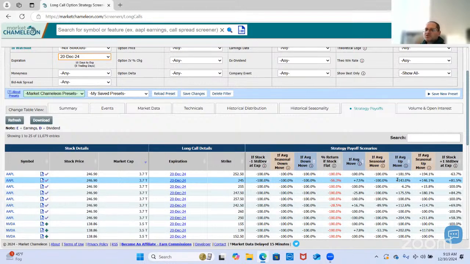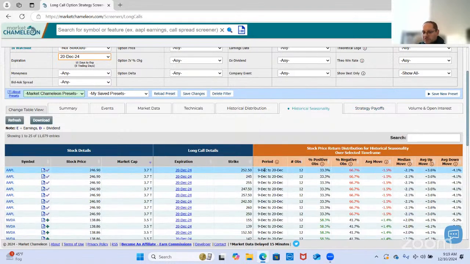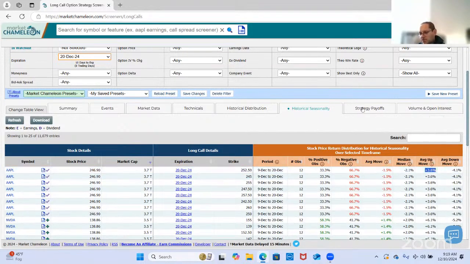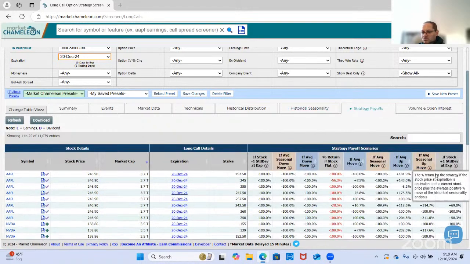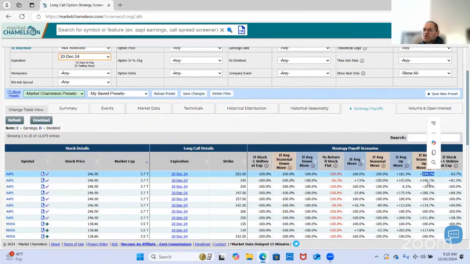So let's test that out. Here it's looking at the seasonality and says, between December 9th and December 20th in the last 12 years, there are more down moves than up moves for sure. But when it was up, what was the average move to the upside? 3.6%. If we apply that, we could see that the payoff is 194%.